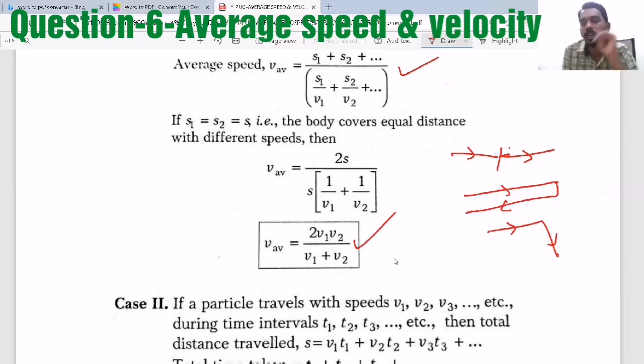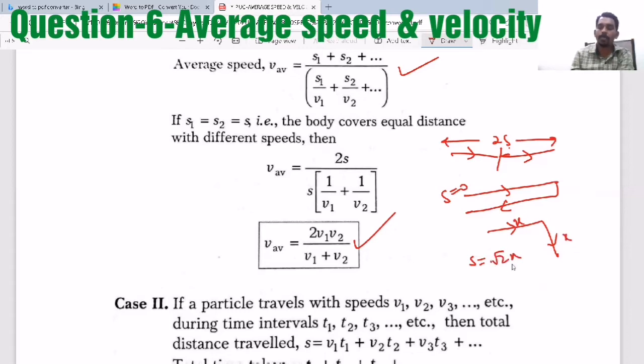But average velocity is not the same. Here the displacement is 2s, here the displacement is 0, and here, if this is x, the displacement is root 2 x. So different values come in different situations. Average velocity may be different, but in all these three cases, average speed is the same.